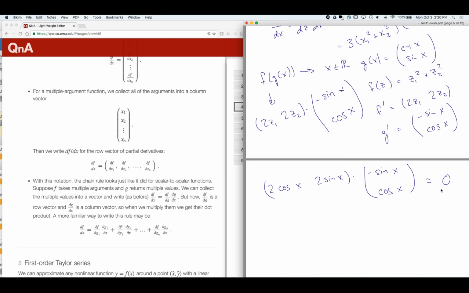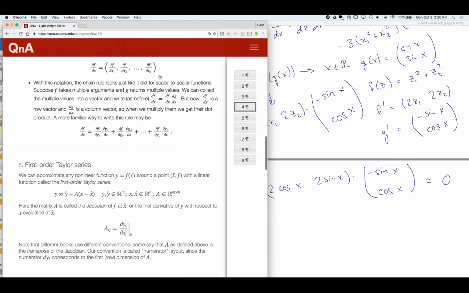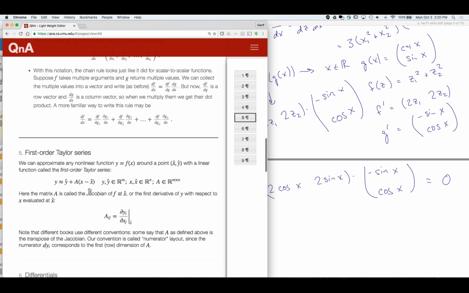How does this relate to slope? Let's see. Actually, the best way to see how it relates to slope is to go back to the first-order Taylor series. Right? So here's the expression for the first-order Taylor series.